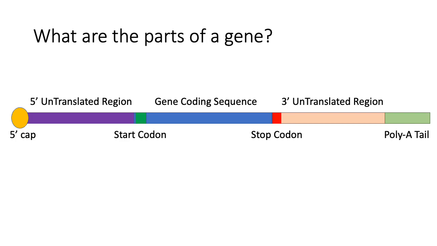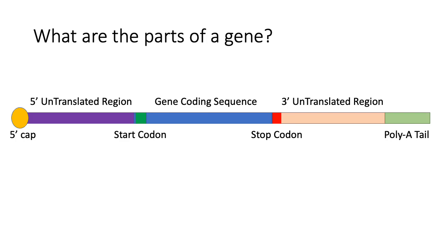Now, we've got the 5' cap, we've got the poly A tail. What are the purple and the peach regions in this diagram? I've got them labeled as 5' untranslated region and 3' untranslated region. And they are exactly what their name says. They are regions of the gene that do not get translated.